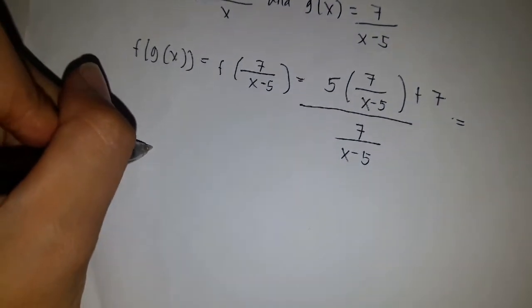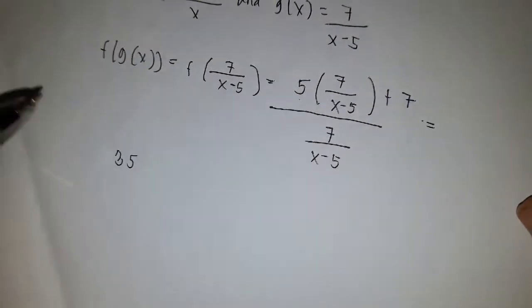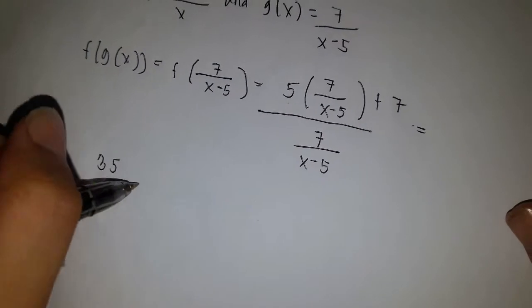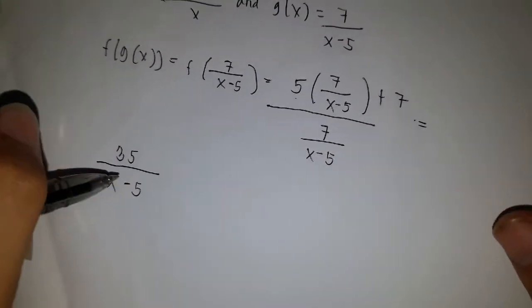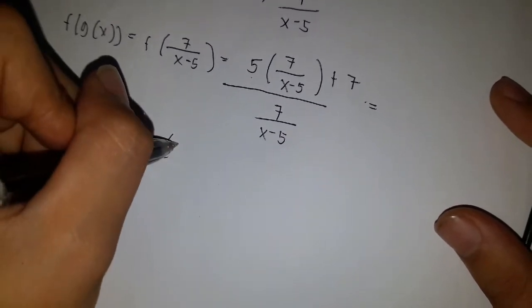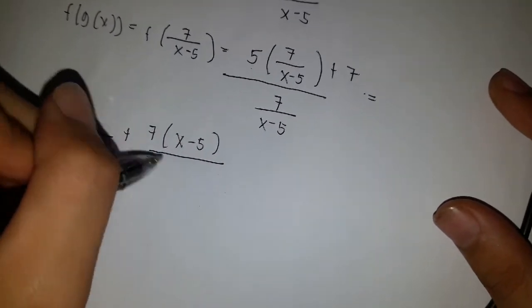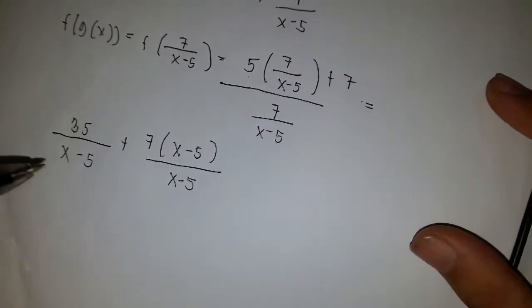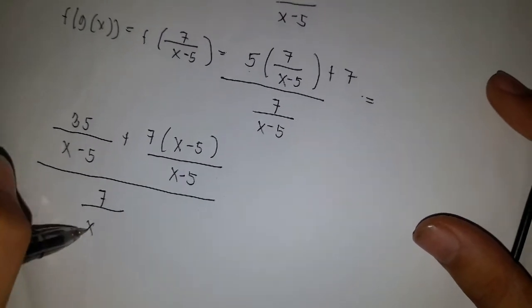Here 5 times 7 equals 35 over x minus 5, plus 7 times x minus 5 over x minus 5, all over 7 over x minus 5.